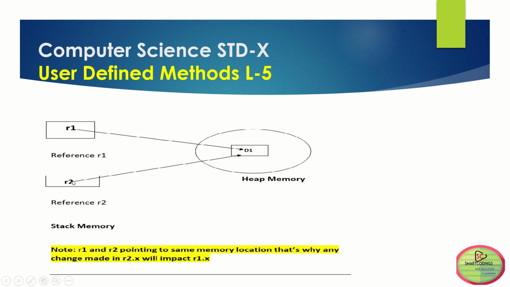It is also pointing to the same object, that is D1. As these two reference variables are pointing to the same object, any change made in the object will impact both. So R1 and R2 point to the same memory location. That's why any change made in R2.x will impact R1.x.